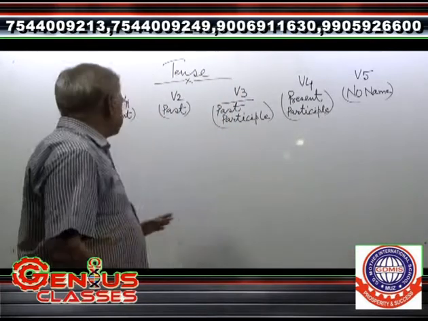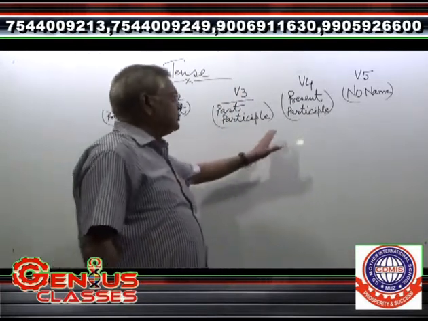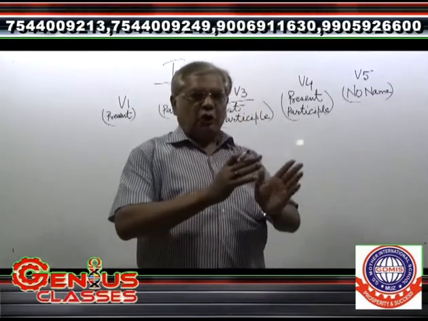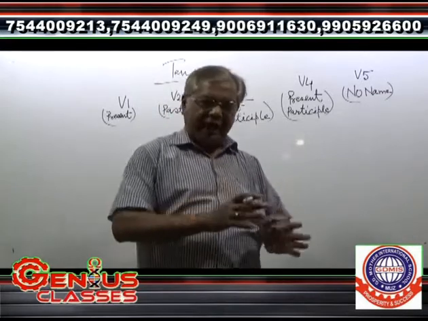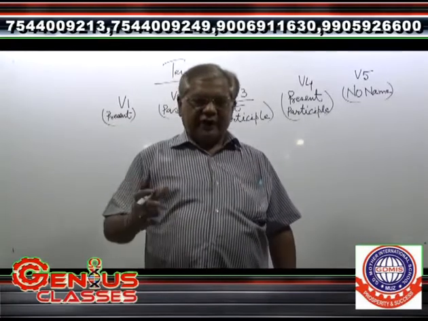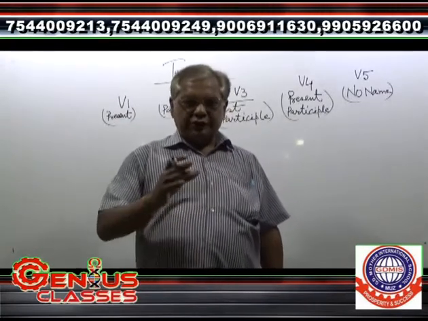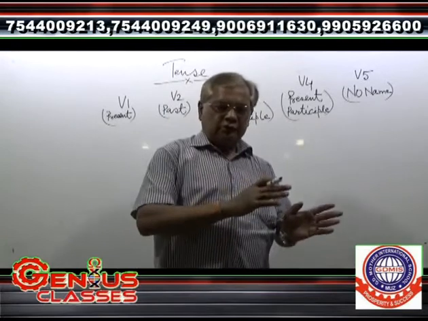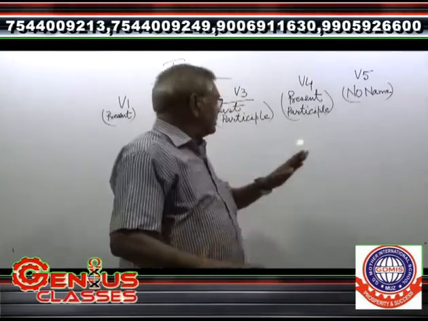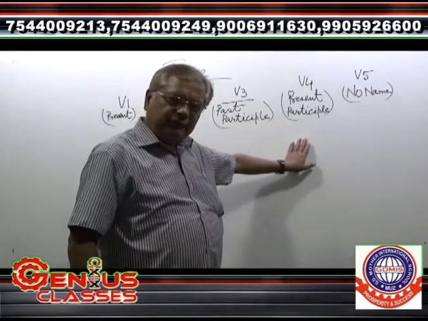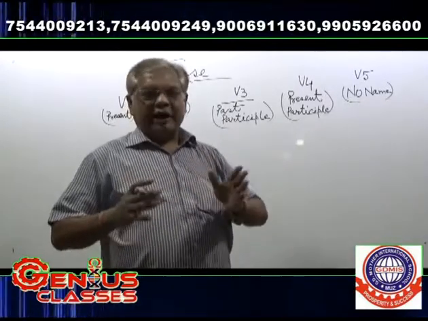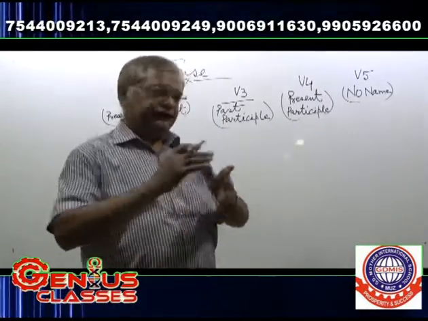So this is V1, V2, V3, V4, V5 plus modal auxiliaries, then the helping verbs, that is, are, am, was, were, then have, has, had, do, does, did, and all sorts of these modals, including the formation of the verb, that are particularly used in what is called the tense.